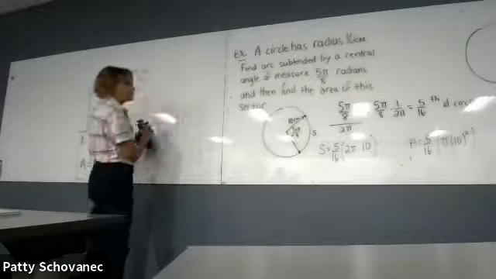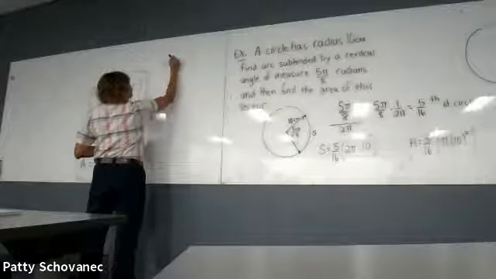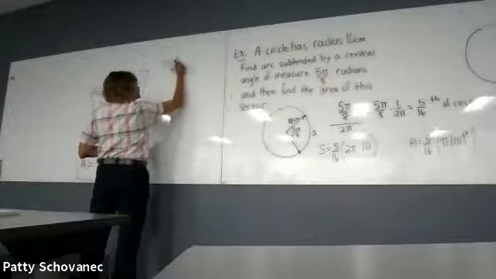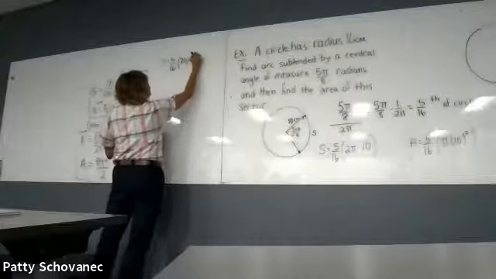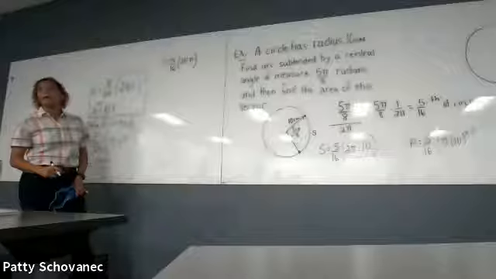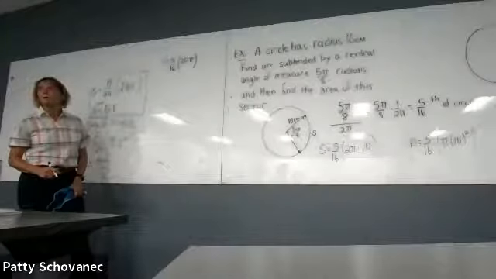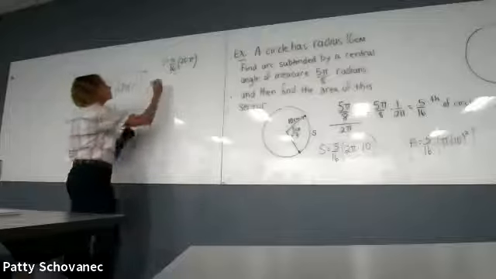Let's simplify. I have S is 5/16 times, what is that, 20 pi? I'll go ahead and reduce. 16 and 20 are both divisible by 4. So I'm going to replace 20 by 5 and 16 by 4.